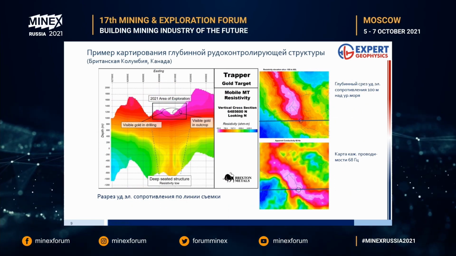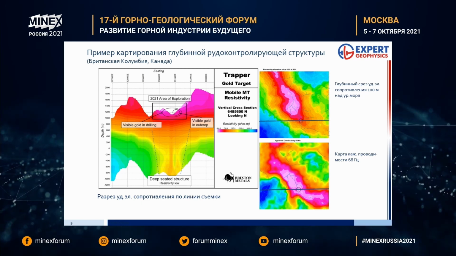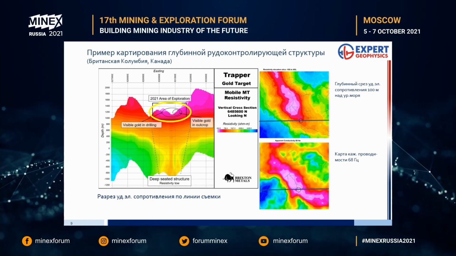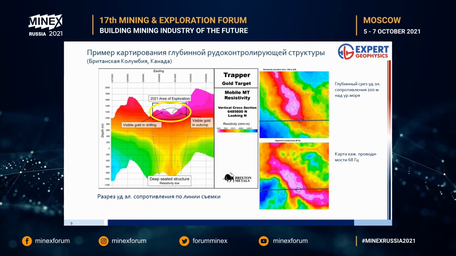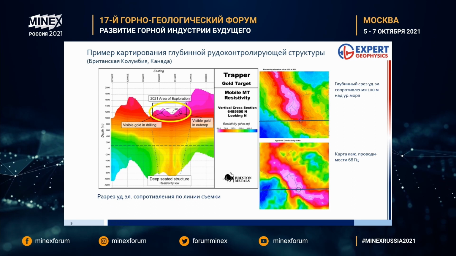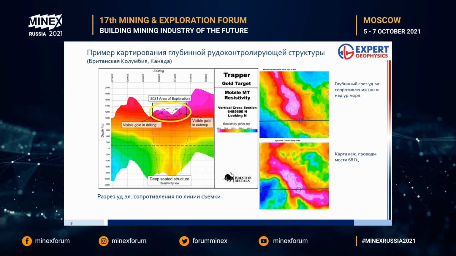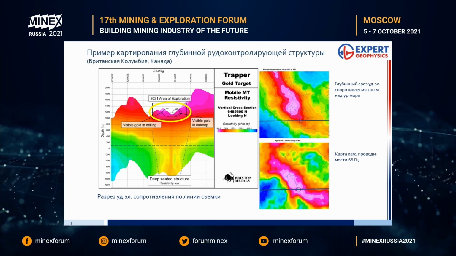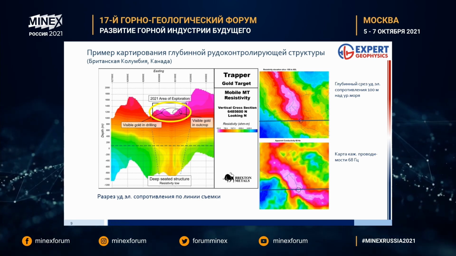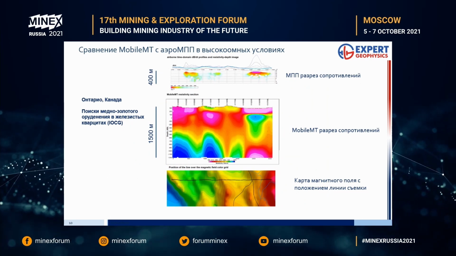And another example of mapping in British Columbia, Canada, where gold is represented here. This is the cross-section of the specific resistance, which depicts this structure in the area. On the maps, we can see the lines across which this cross-section is presented.